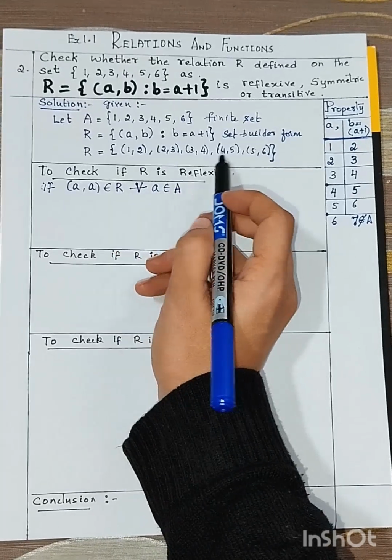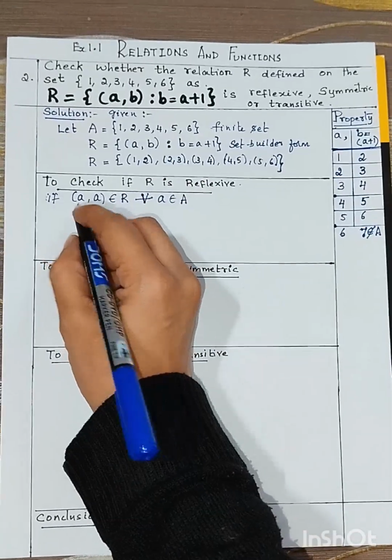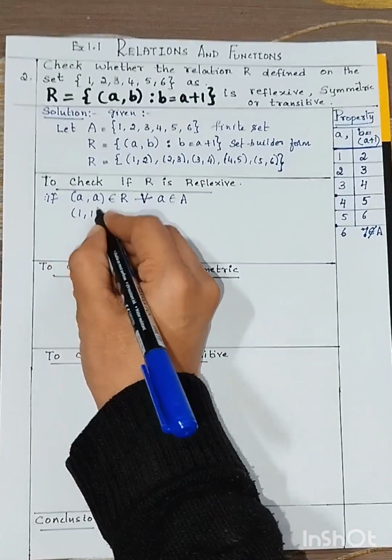So we don't find any ordered pair of the form (1, 1).